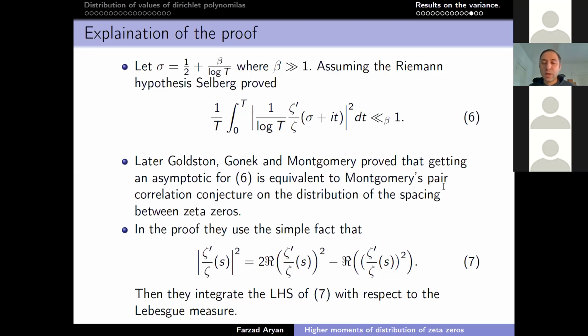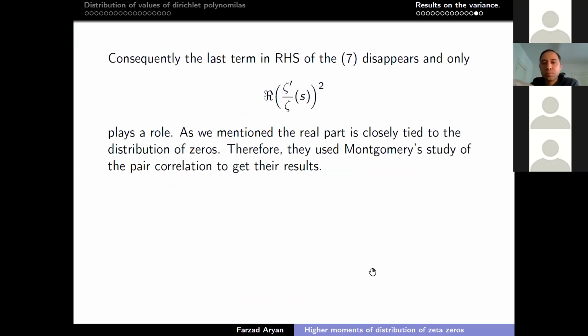What I did was the opposite. I changed the measure to take advantage of this part the most, meaning to take advantage of the square of zeta prime over zeta. And that's why the improvement comes out, and the difference in the results.